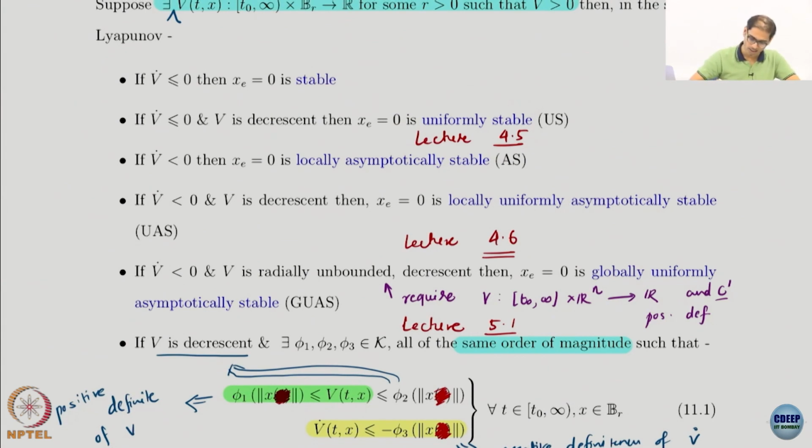We defined uniform asymptotic stability locally and we defined uniform asymptotic stability globally, but we did not talk about global asymptotic stability. If I just drop the decrescence here, I will immediately get global asymptotic stability, which is not necessarily uniform.